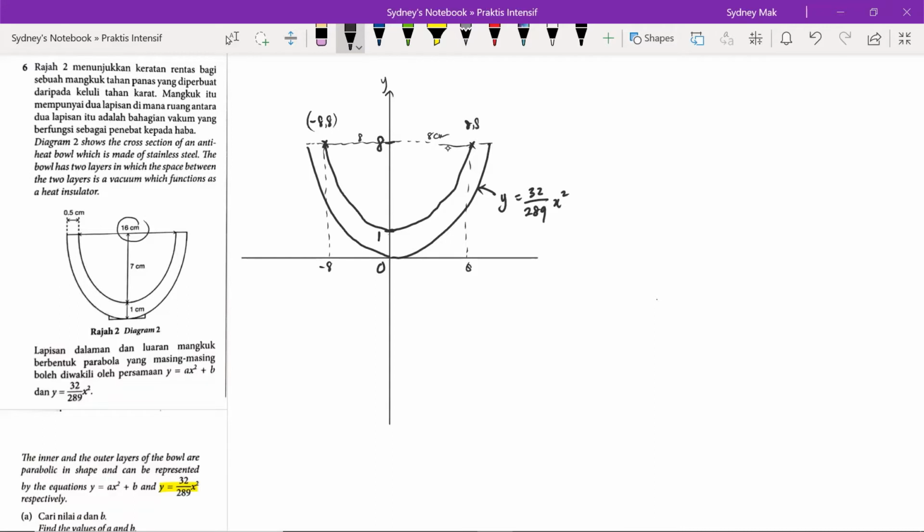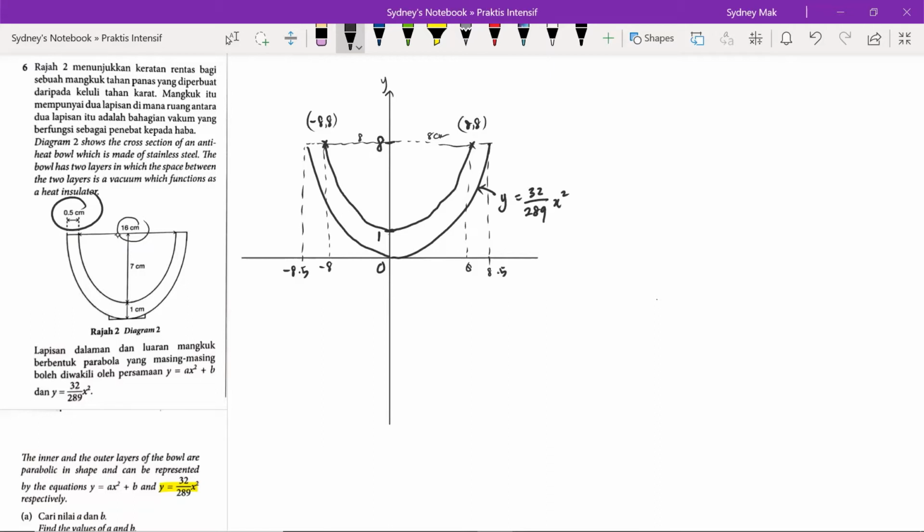And since the distance at this level between the two curves is 0.5 cm, the x coordinates will be -8.5 and 8.5. I'm not sure whether it will help us in our solution, but just mark down all the information we have.